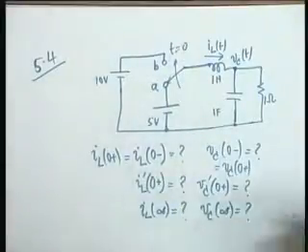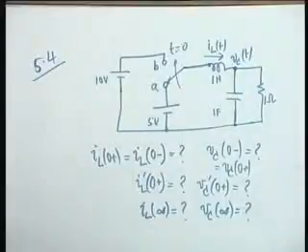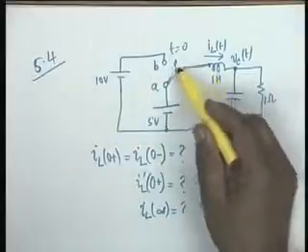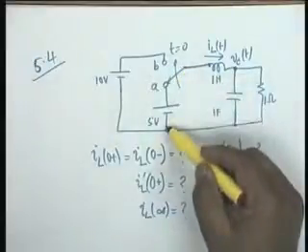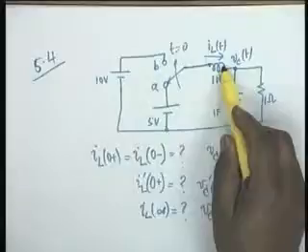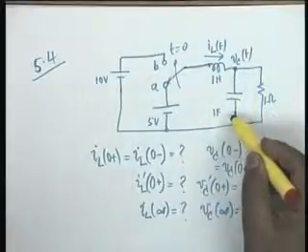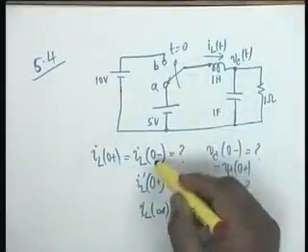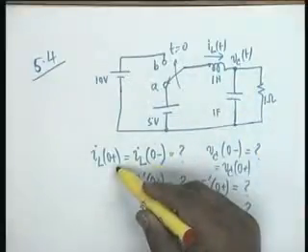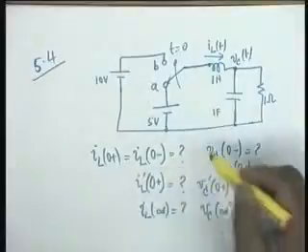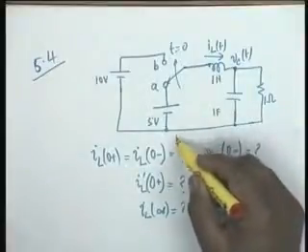Okay. Let us look at the circuit carefully. First, when the circuit reaches steady state at position A, the inductor is a short circuit, the capacitor is an open circuit, and therefore IL 0 minus or IL 0 plus can be written down by inspection, and this would be 5 amperes.